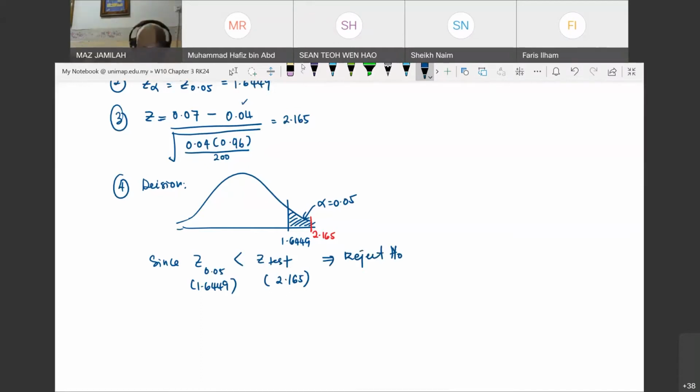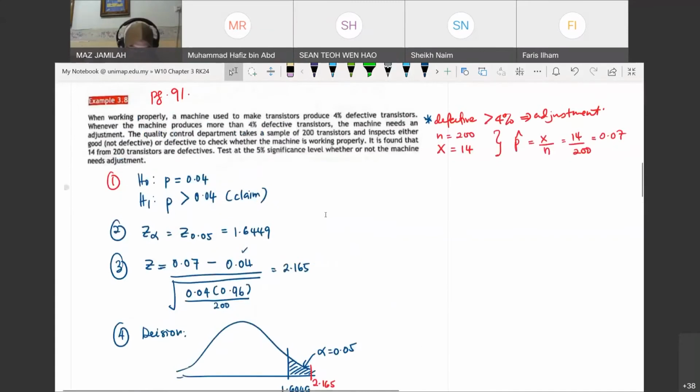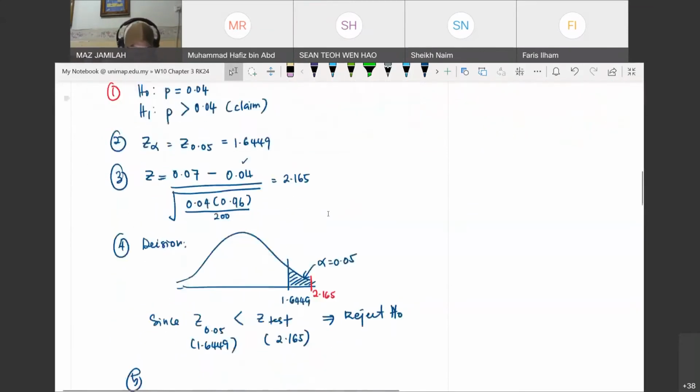Then by making conclusion, our claim is the alternative, and yet we reject the null hypothesis.